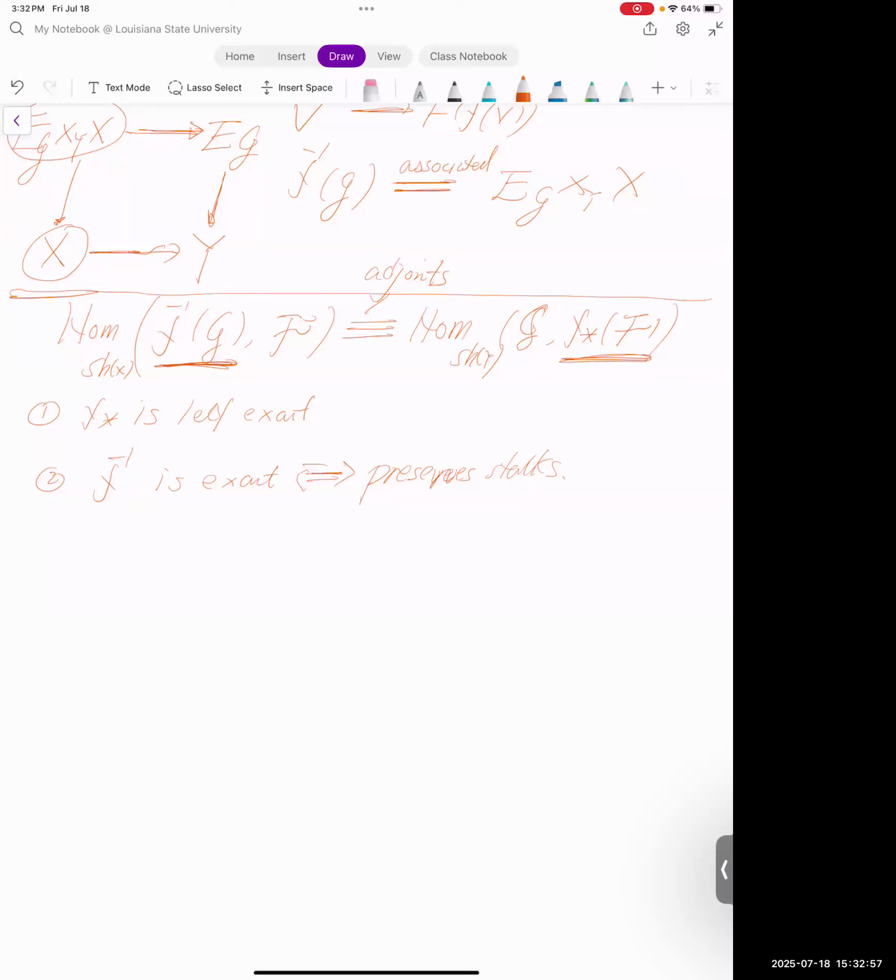Then we go a little bit further. How about if we don't only have a topological space, but actually we have a scheme? Now I want to define a representative category of sheaves on schemes.